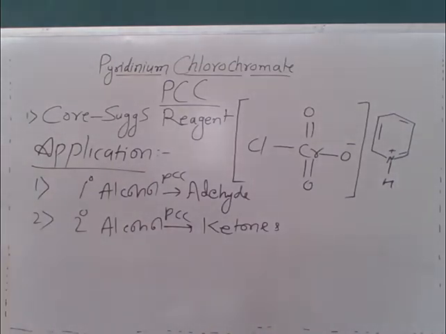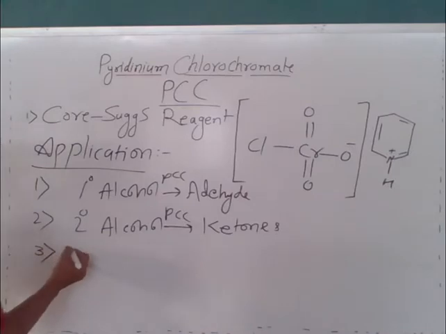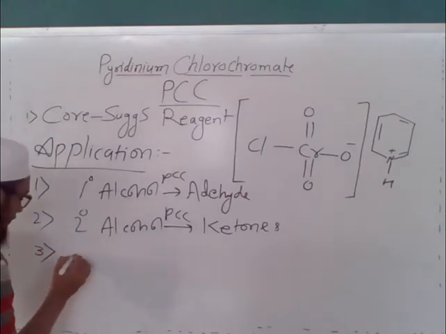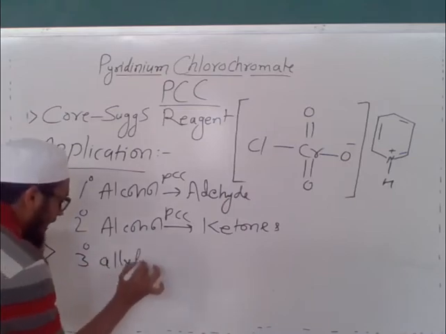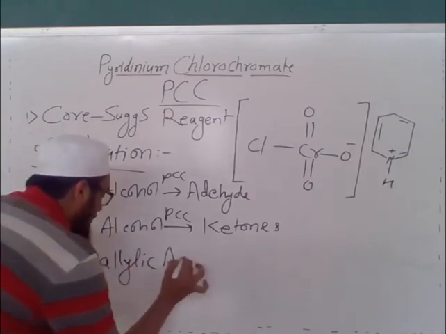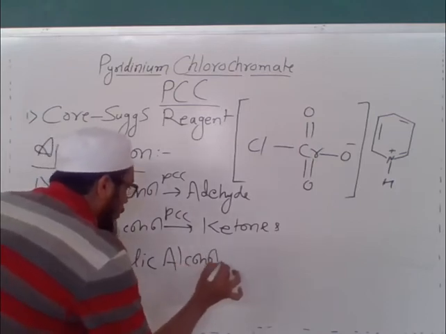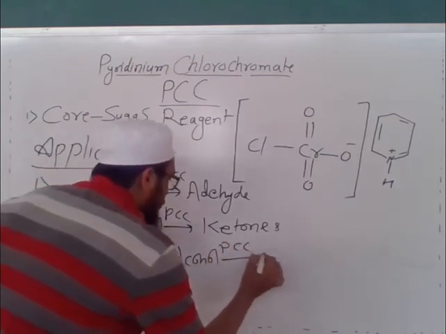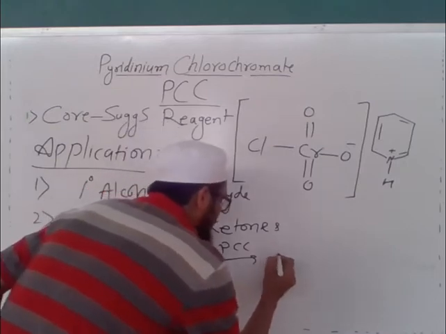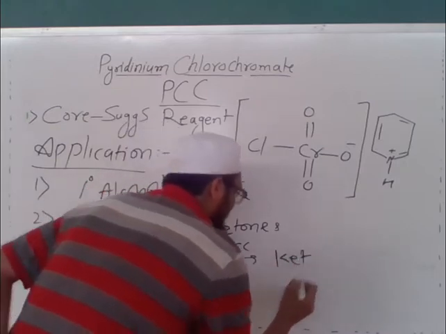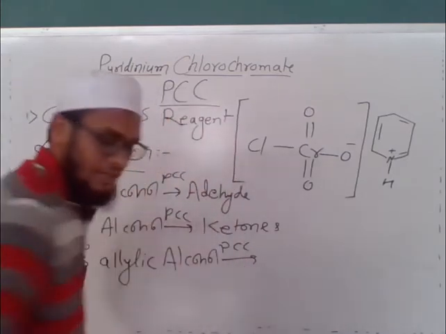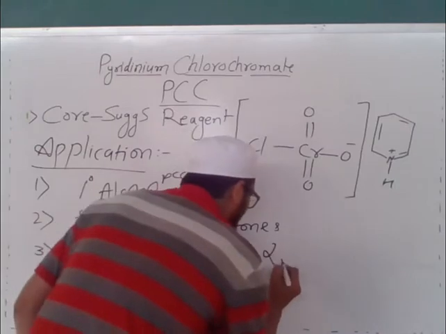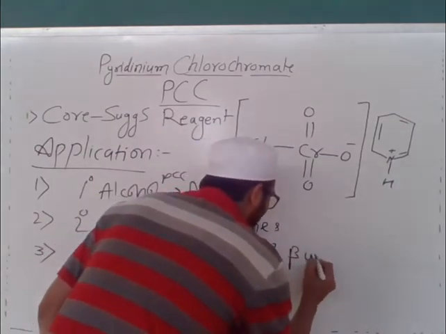Secondary alcohol to ketones. And the third and most important application is it converts tertiary allylic alcohol to alpha beta unsaturated ketones. Let me write properly.